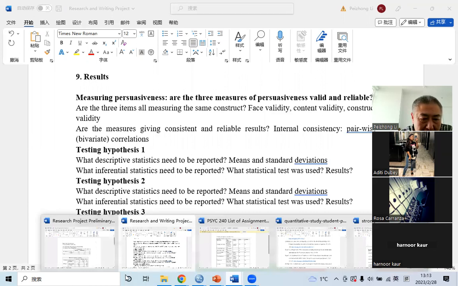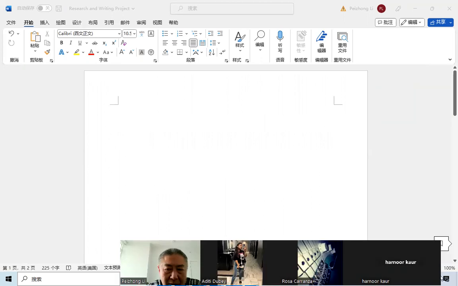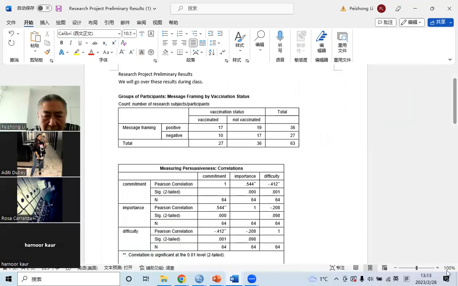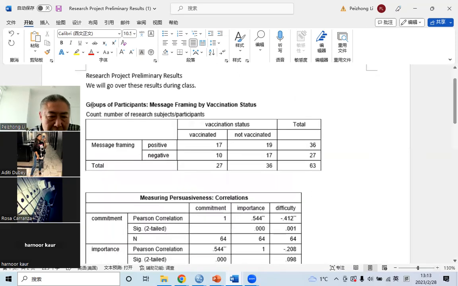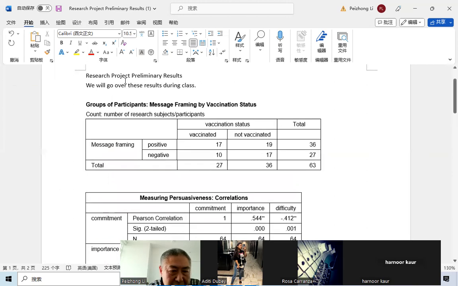Now, I want to do the data analysis together with you, and you want to pay close attention. I want to explain to you how you analyze the data. I haven't posted this document in the portal yet, but after today's class, I will post it in the portal.